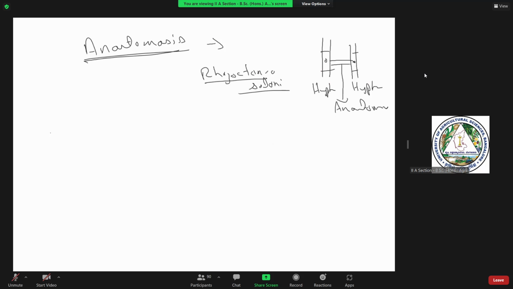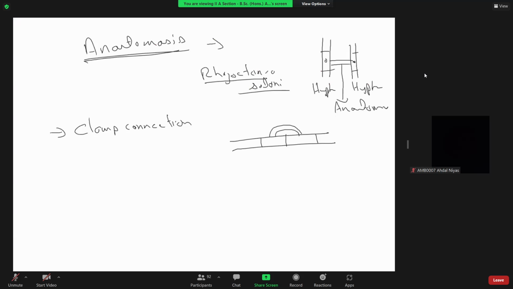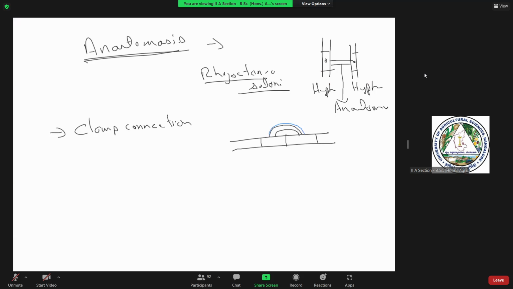There is another modification called a clamp connection. A clamp connection is a buckle-like structure or a bridge, a hyphal protrusion. You can see this hyphal protrusion is like a bridge connecting one cell to another cell, from cell to cell contact.